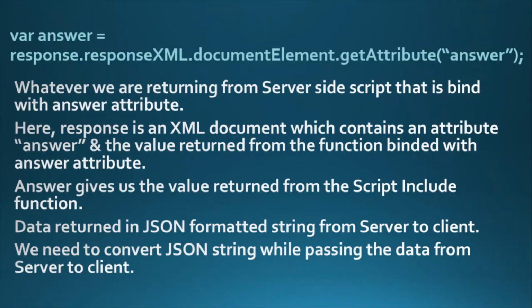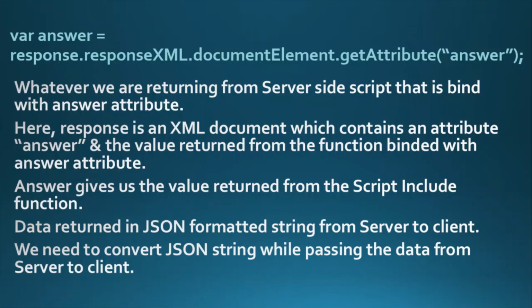Here I have provided the variable answer equals response dot responseXML dot documentElement dot getAttribute, and we need to pass the answer as an argument. You can refer to it, and I have already explained it, but you can take a screenshot for your reference.